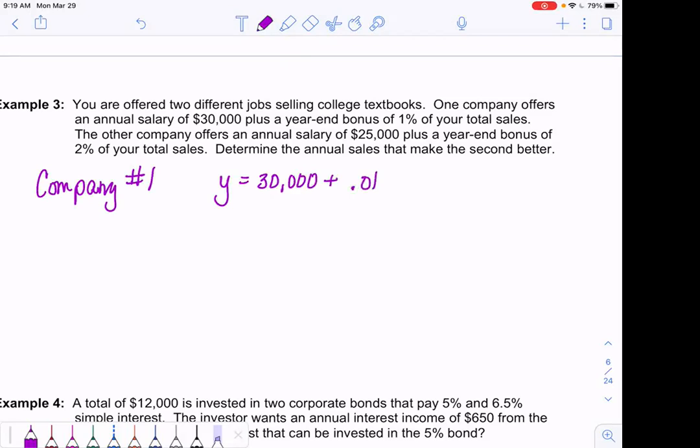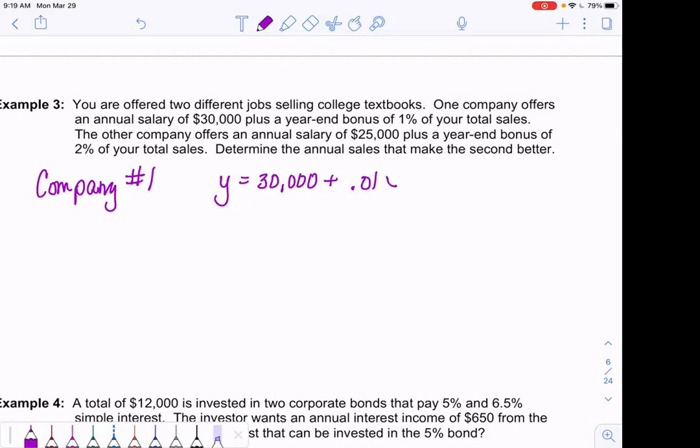You're right with 0.01. Do you know what the total sales was? So you're going to earn just $30,000 no matter what. That's just your salary. And then it says we get 1% of our total sales.